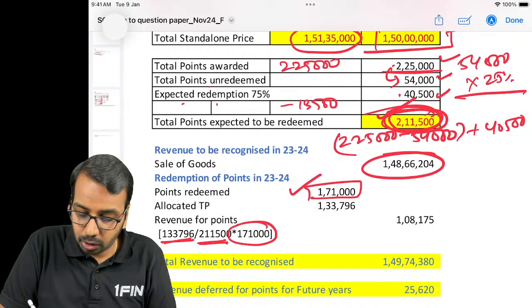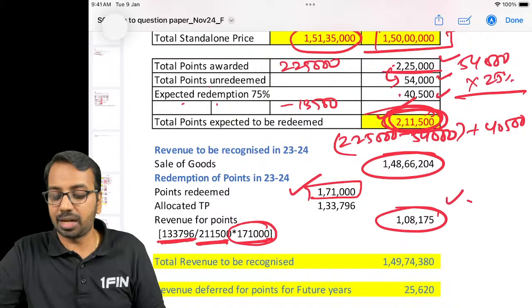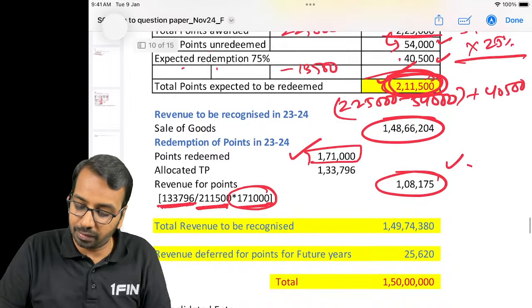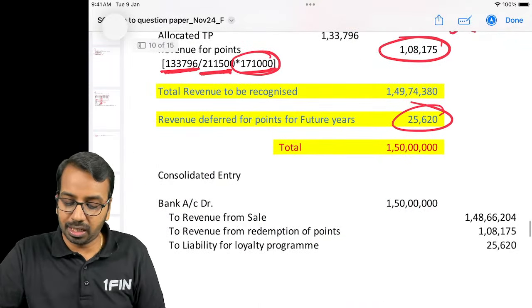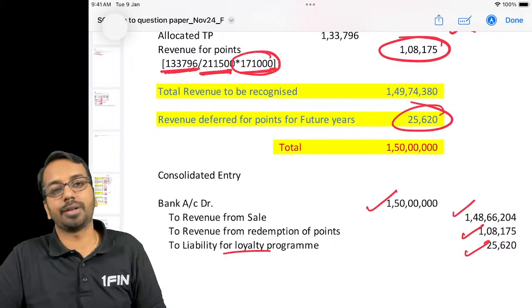So total value divided by total expected points multiplied by 171, you get 108,175. This is the revenue to be recognized in the current period, and the balance 25,628 will be recognized in the subsequent period. So debit bank, credit revenue from redemption of points, and liability for loyalty program 25,620.